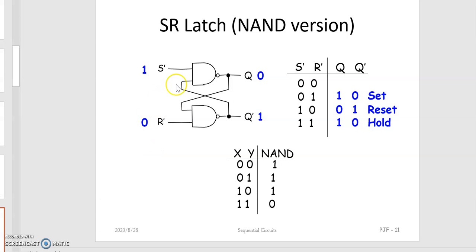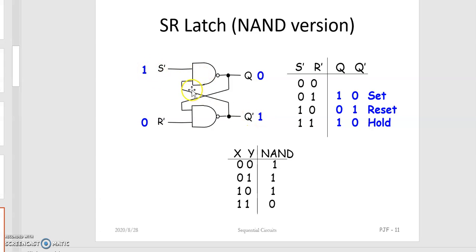In the next case, we are assuming that S dash is equal to 1 and R dash is equal to 0. It is very clear that here R dash is equal to 0. As per the principle, the output is equal to 1, so Q dash is equal to 1. This Q dash value can be applied to this NAND gate.